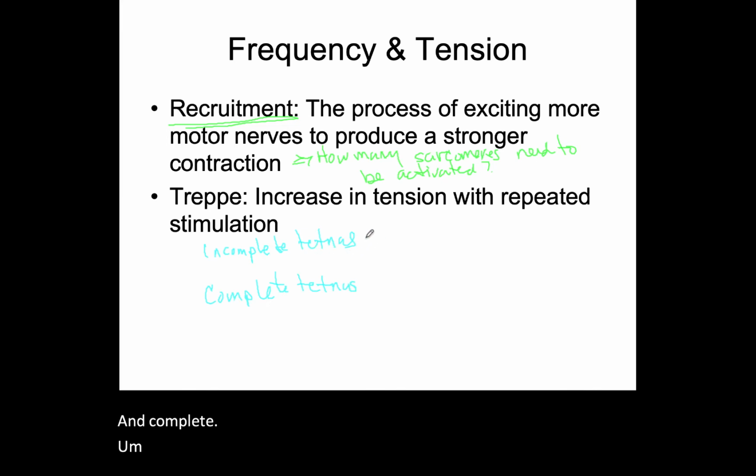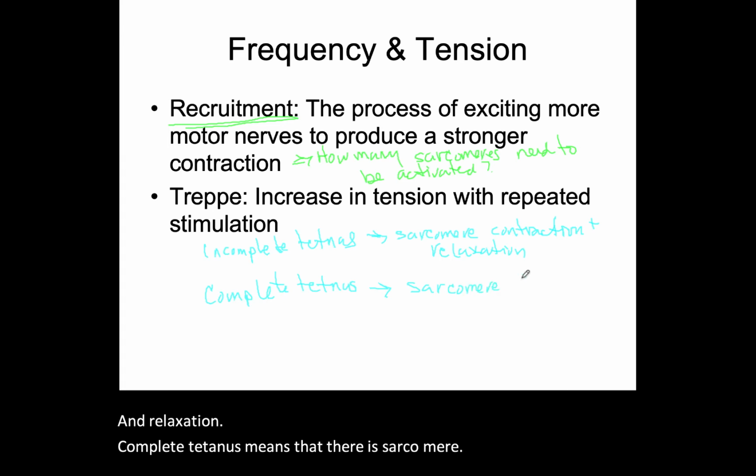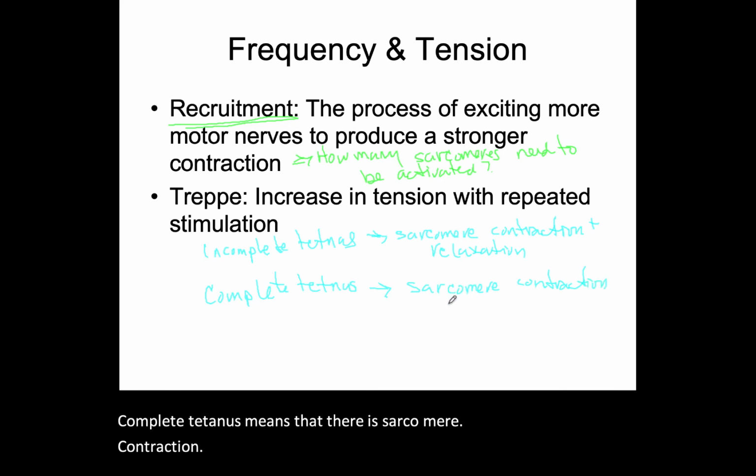Incomplete tetanus means that there is sarcomere contraction and relaxation. Complete tetanus means that there is sarcomere contraction continually. Right? In other words, no relaxation. How does this come about?